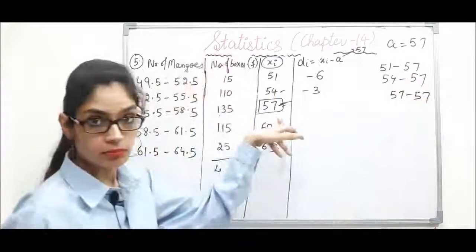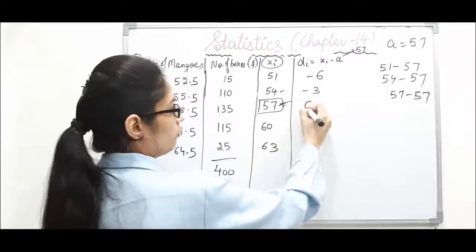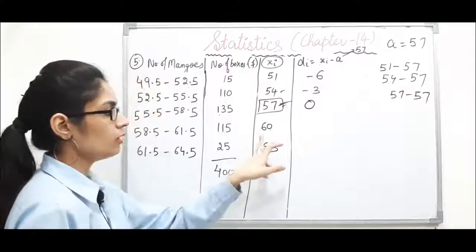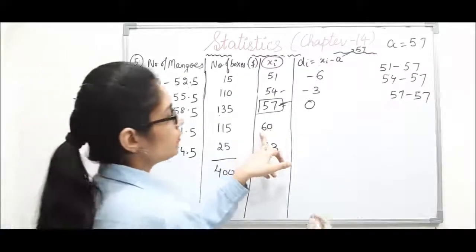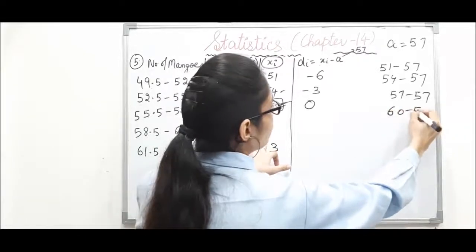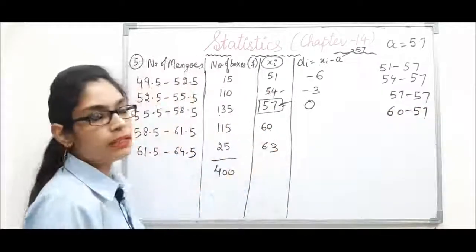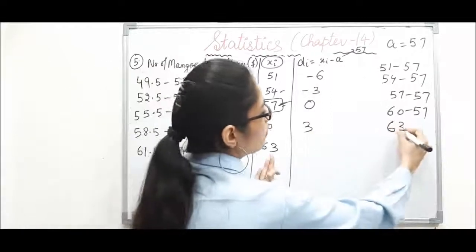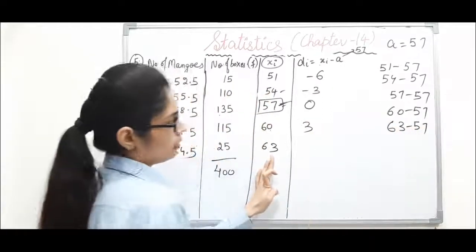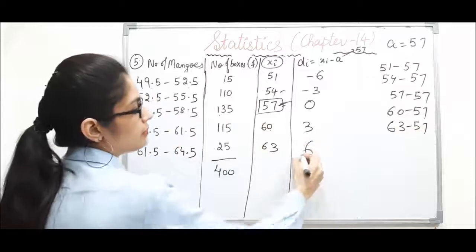So 57 minus 57 will be 0. Now xi is this one, so we have to find the difference. It will be 60 minus 57, which is 3. The last one, 63 minus 57, will be 6.